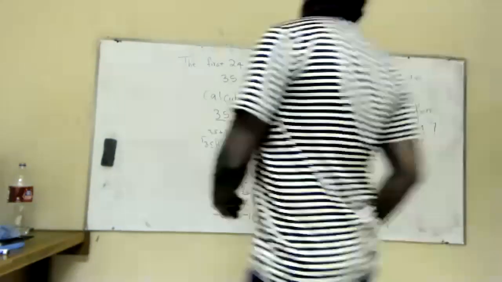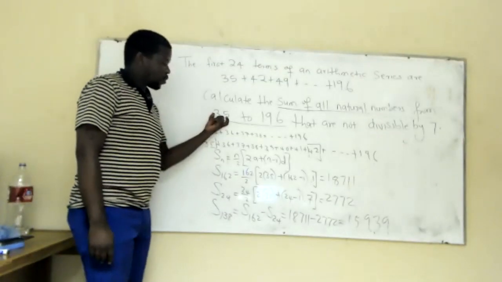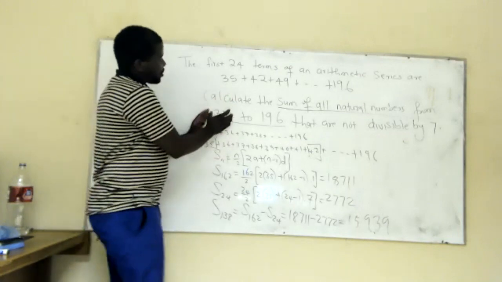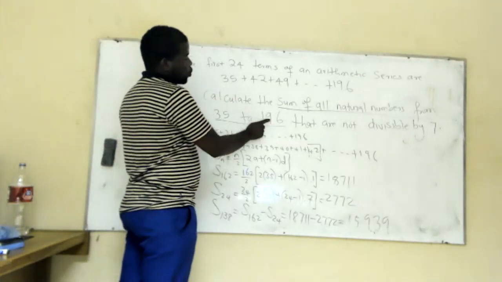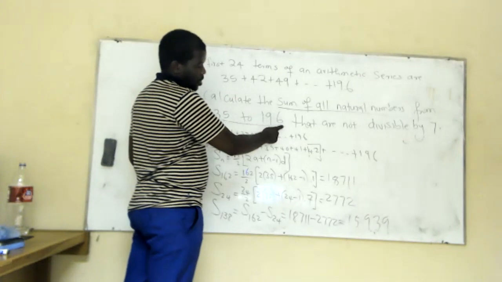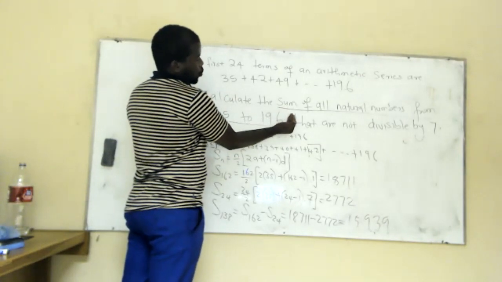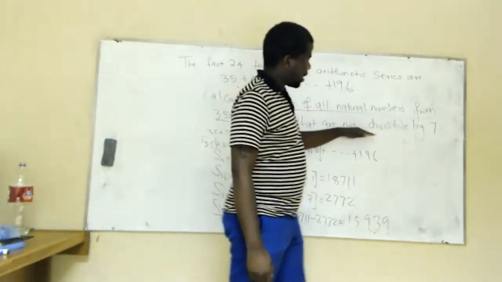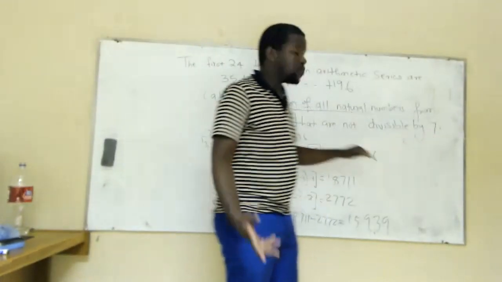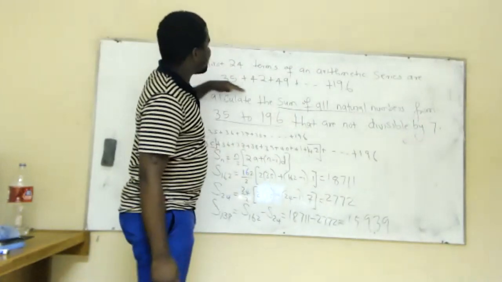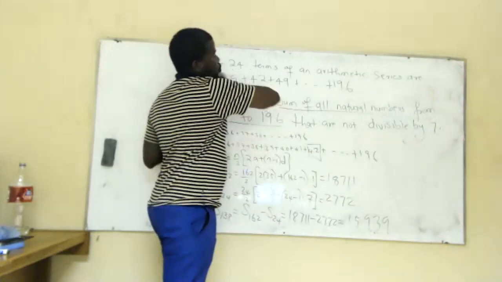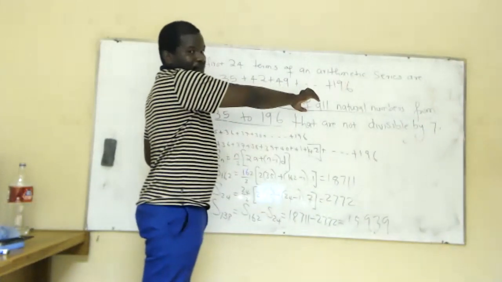Okay, yes, so let me explain the first part of the question. The question requires us to get the sum of all the terms from 35 up to 196. But this summation we're supposed to get must exclude all the terms which are divisible by 7, which I demonstrated to you are these ones given by the sequence above.